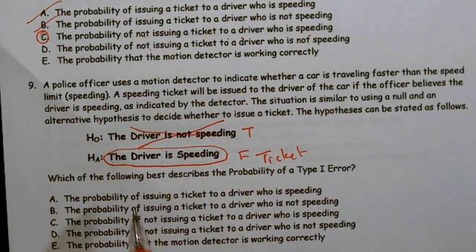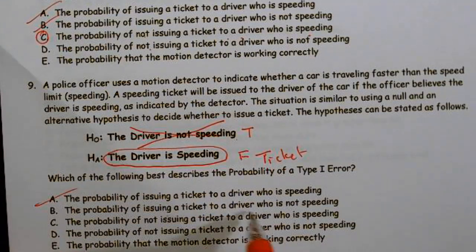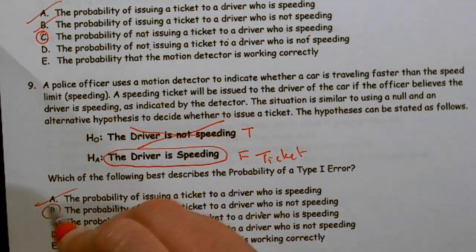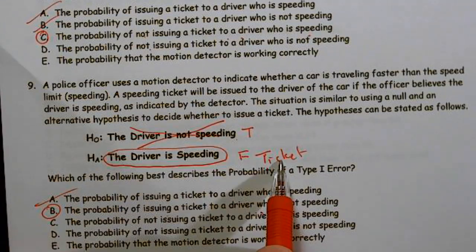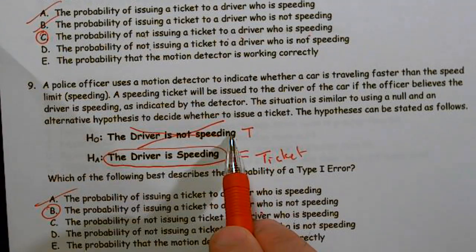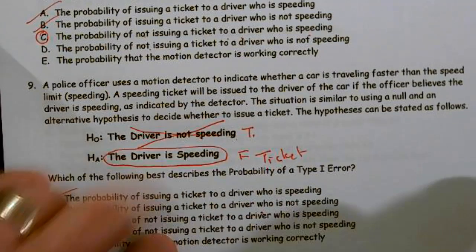The probability of issuing a ticket to a driver who is speeding, no. The probability of issuing a ticket to a driver who is not speeding, all right? So we're issuing them a ticket, but they really weren't speeding. Because remember, we labeled the null as true. So that's an error.